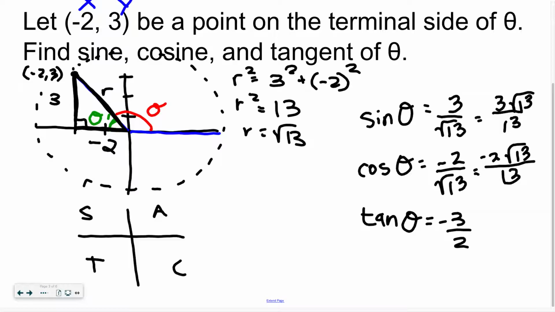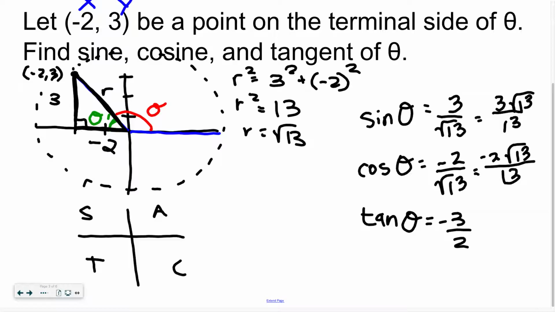So we're really finding theta prime. With theta, the angle in standard position, you can't do right triangle trig because it's more than 90 degrees, and no right triangle has an obtuse angle.